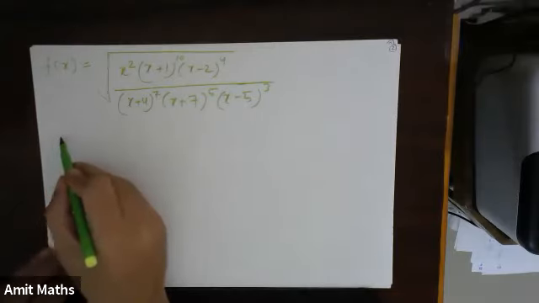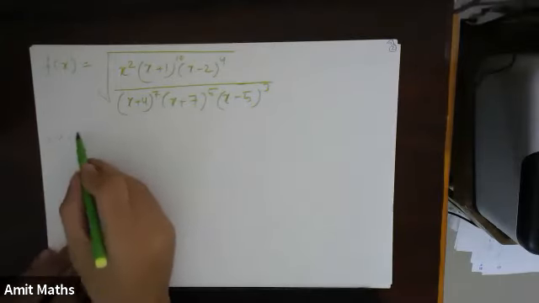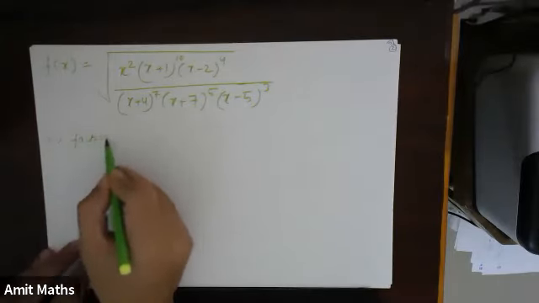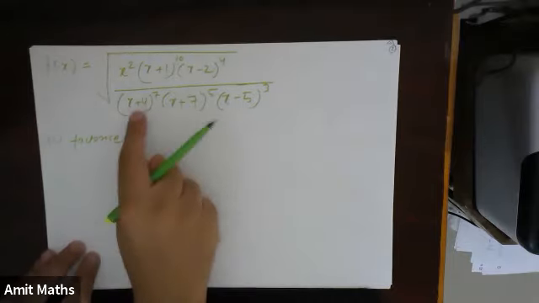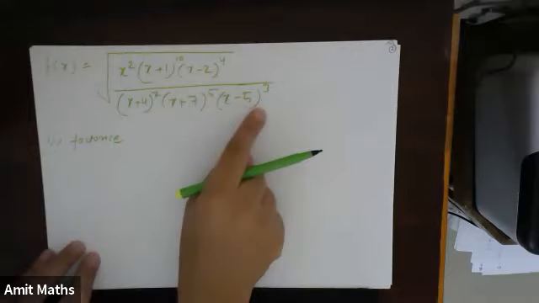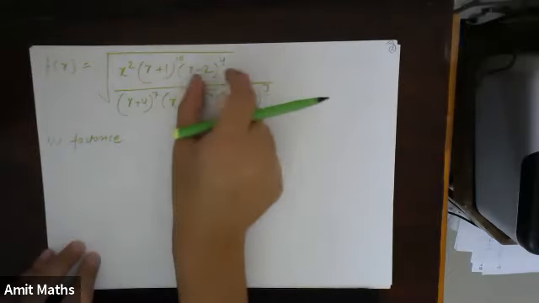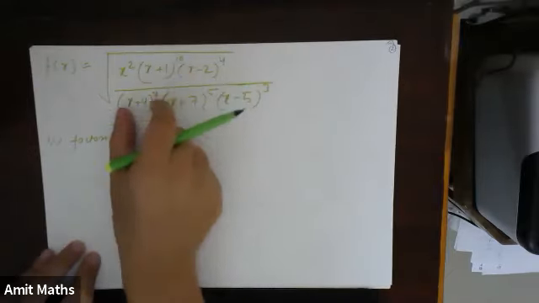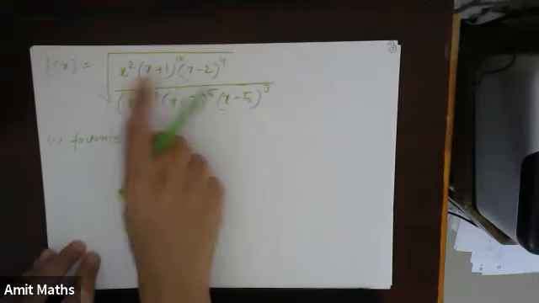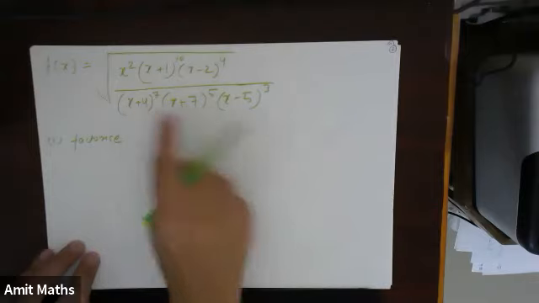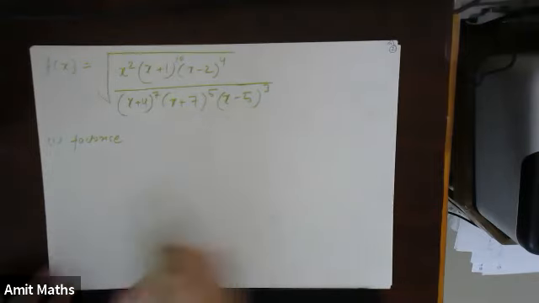So first is to factorize. Now in this question, factors have already been given. We cannot factorize these different factors further. So we have x, x plus 1, x minus 2, x plus 4, x plus 7, and x minus 5, and so on.